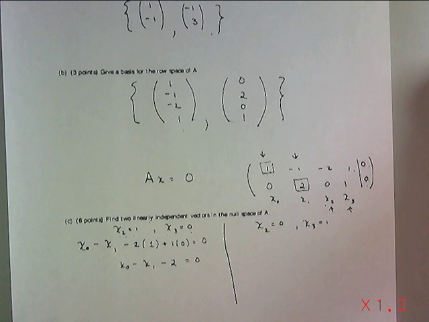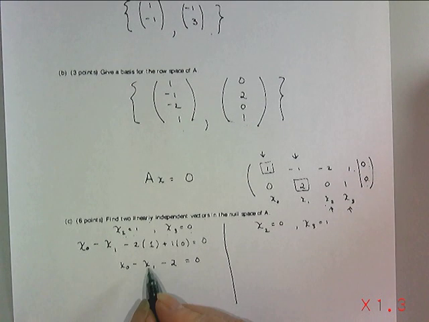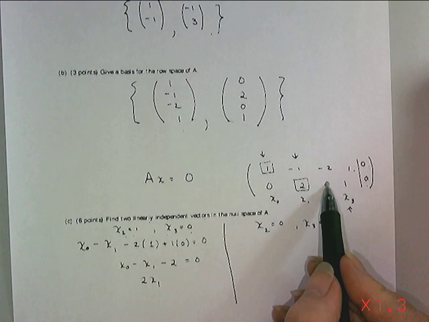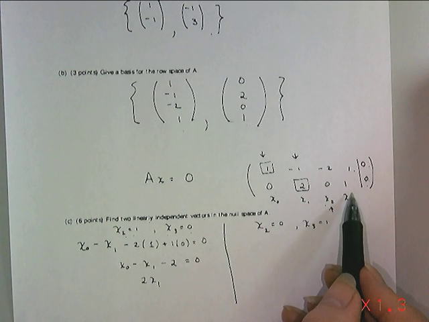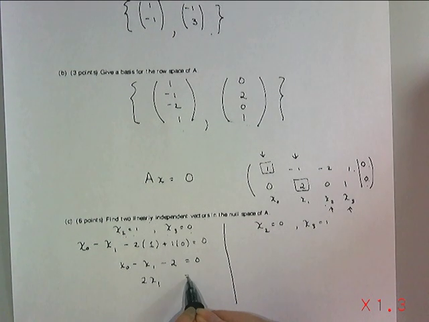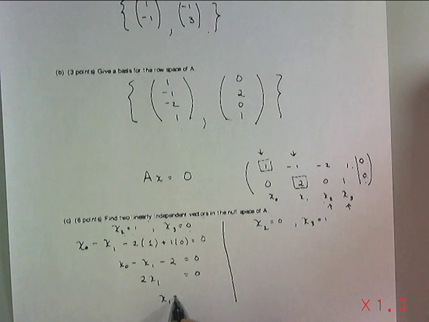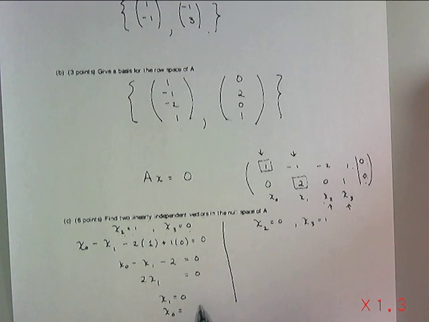Then the second equation becomes 0 chi0 plus 2 chi1 plus 0 times 1 plus 1 times 0 is equal to 0. Solving backwards, I find that chi1 must be equal to 0, which means that chi0 is equal to 2.